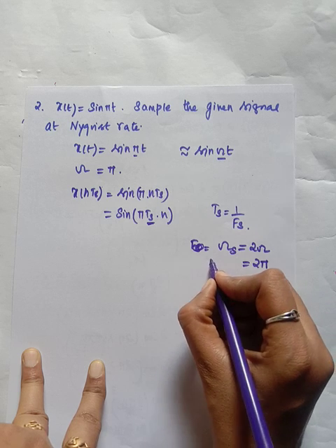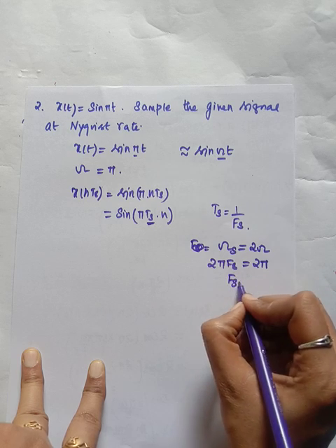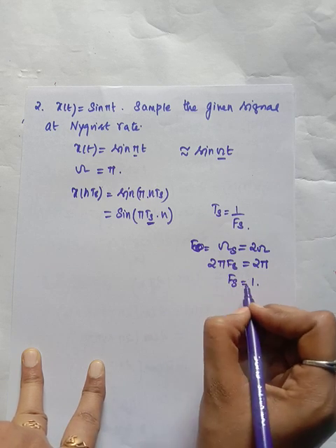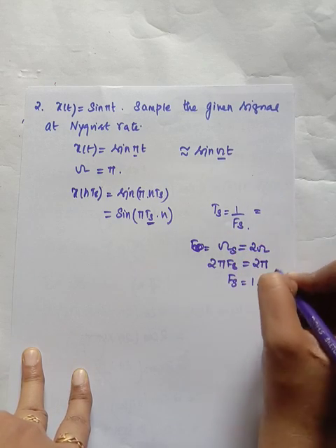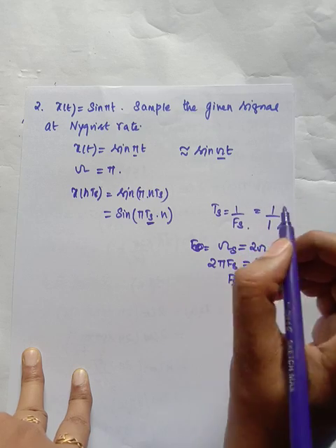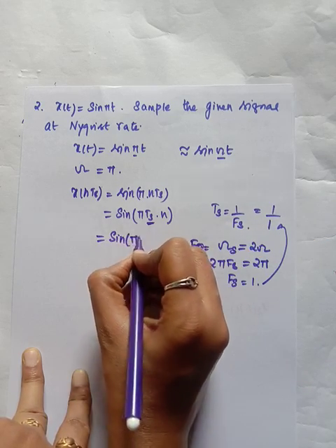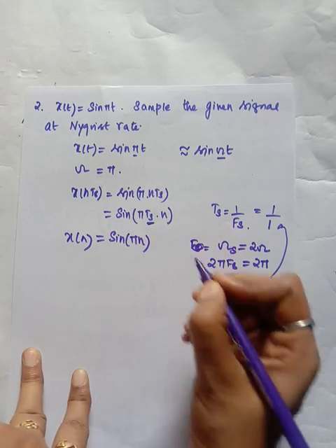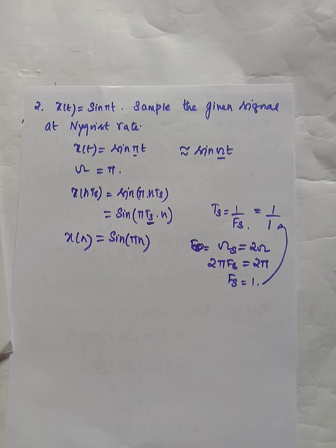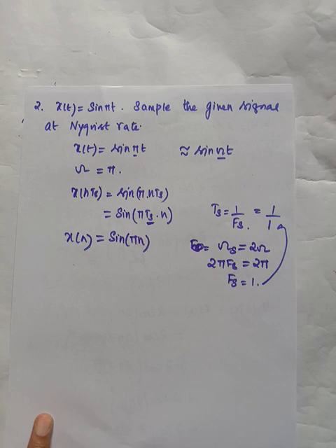This can be written as 2 pi Fs, so Fs is equal to 1. The sampling frequency is 1. Substituting here, 1 by 1, the sampling rate is 1, so after converting this into a discrete time signal, x of n is equal to sin pi n.